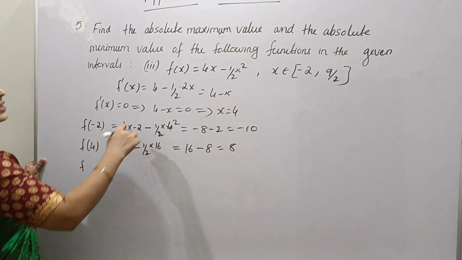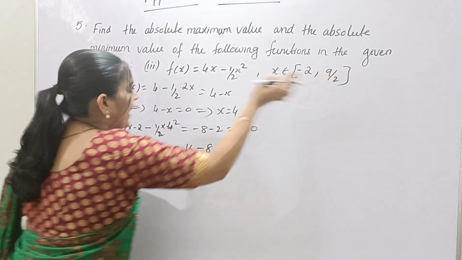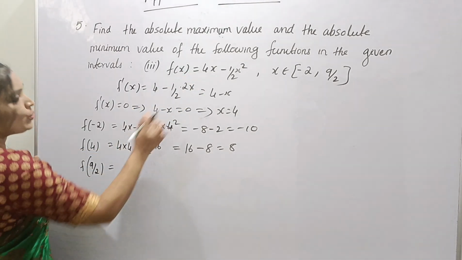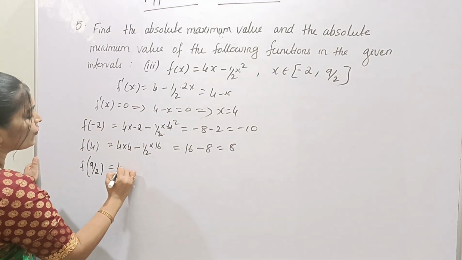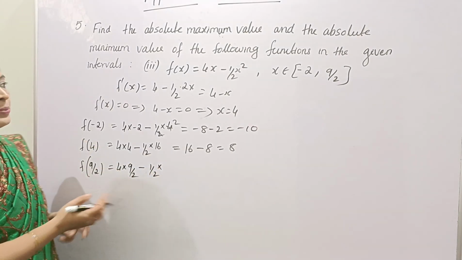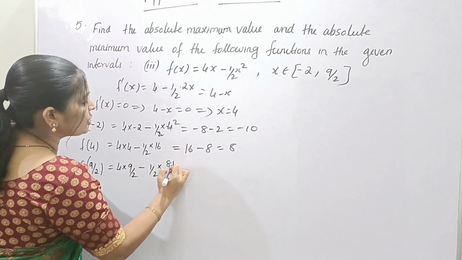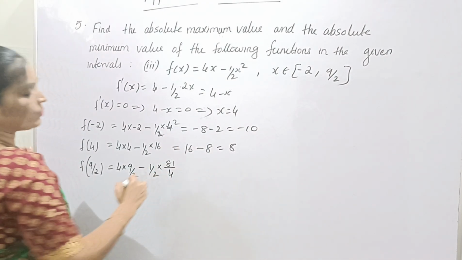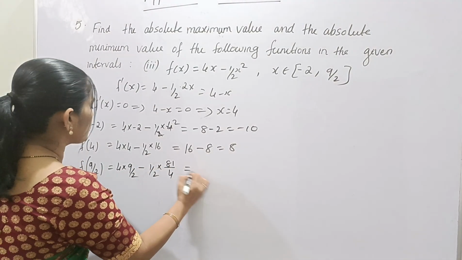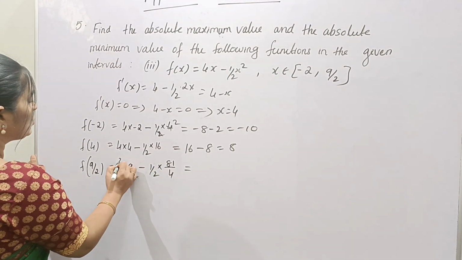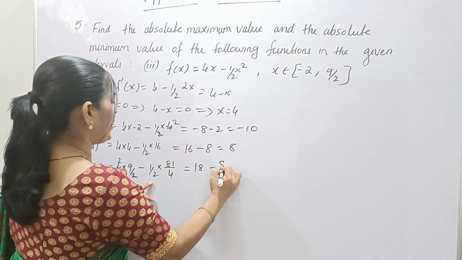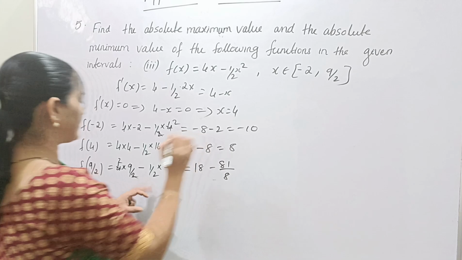Next we will find the maximum value of x, that is 9 by 2. So what is f of 9 by 2? Here substitute x is equal to 9 by 2. 4 into 9 by 2 minus 1 by 2 into 9 by 2 square, that is 81 divided by 4. Square of 9 by 2 is 81 by 4. That is equal to 2 9s are 18 minus 81 divided by 8.